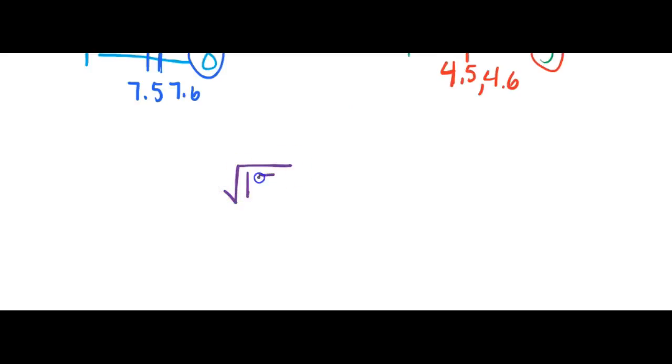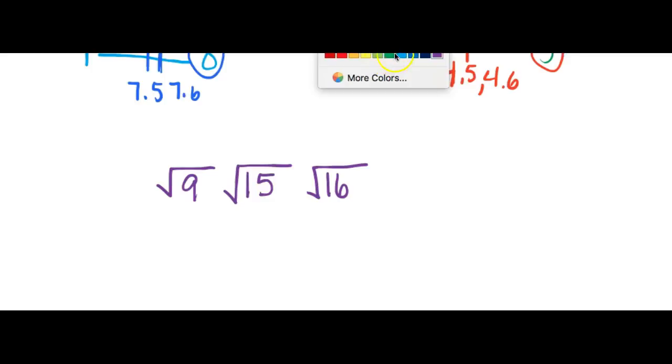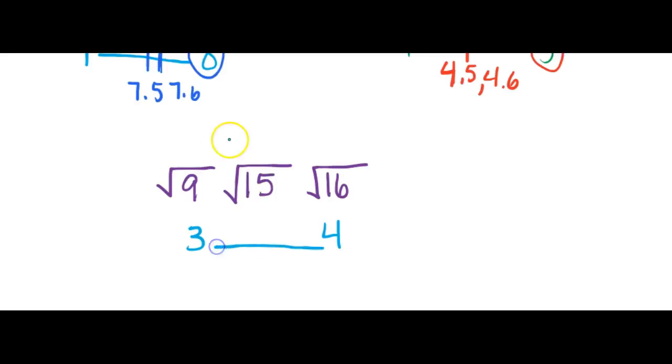So the square root of 15. This is going to fall between the square root of 9 and the square root of 16, because those are the two perfect squares surrounding it. If I listed out the perfect squares, 1, 4, 9, 16, 25, 36, this is where 15 falls. So this is going to fall somewhere between the numbers 3 and 4.